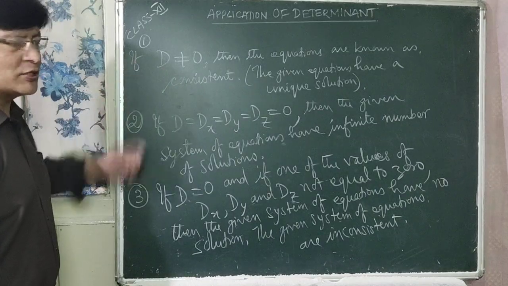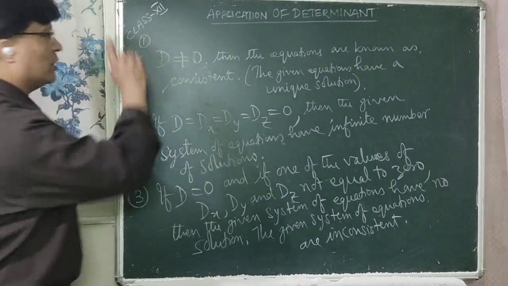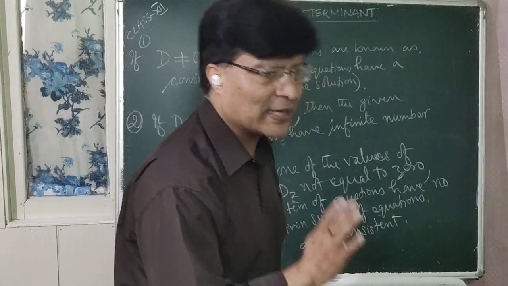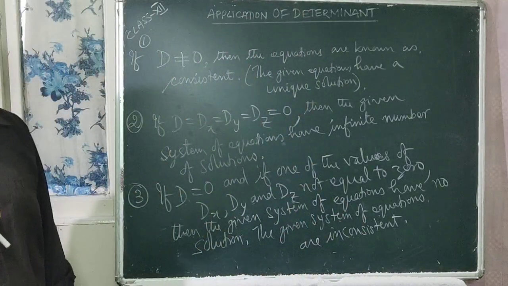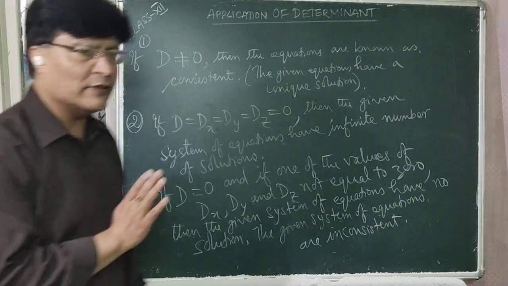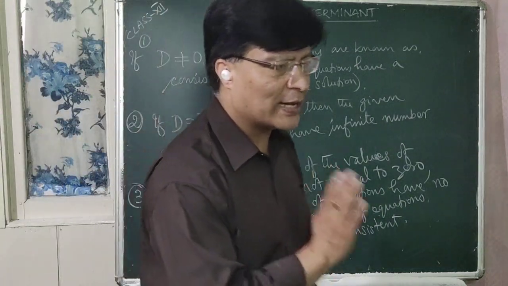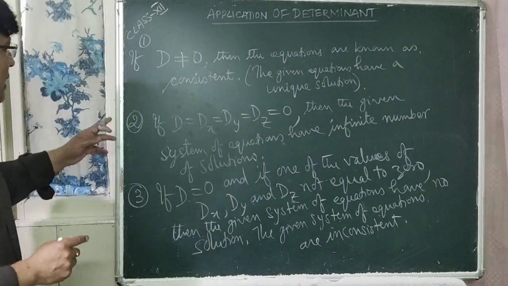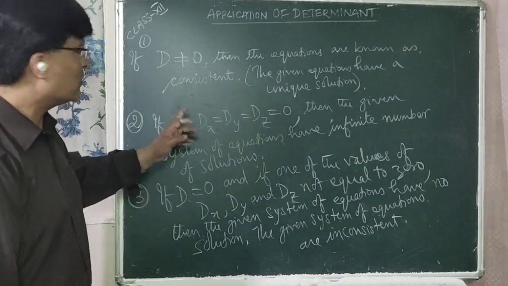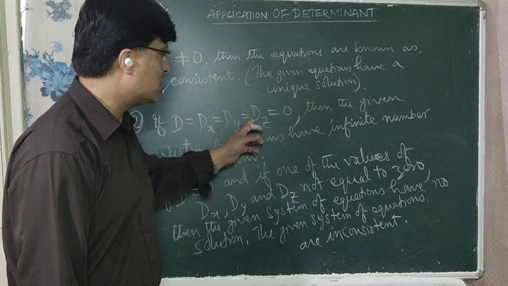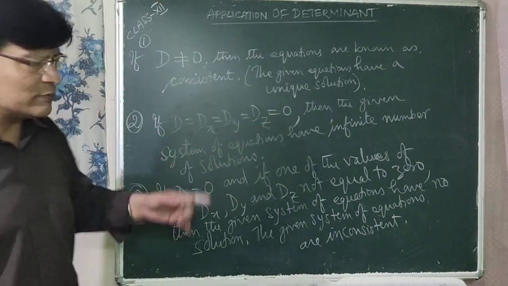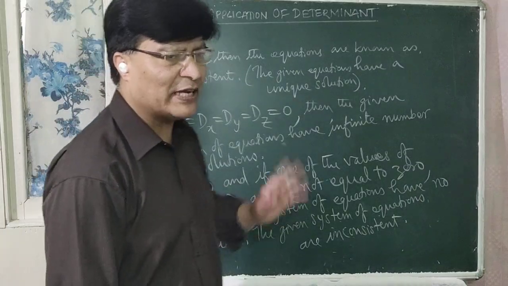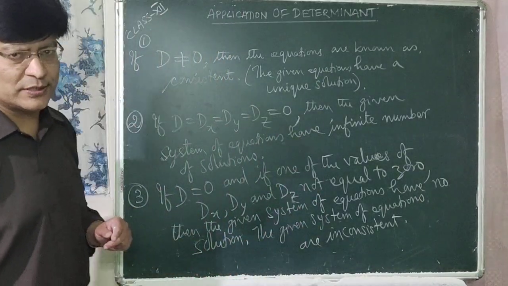So what is number 1 condition? If d not equal to 0, then the given system of equations have a unique solution. In that case, the given system of equations are known as consistent, right? This is number 1. In number 2, if d is equal to dx is equal to dy is equal to dz is equal to 0, if all the values here are 0, then the given system of equations have infinite number of solutions, right?